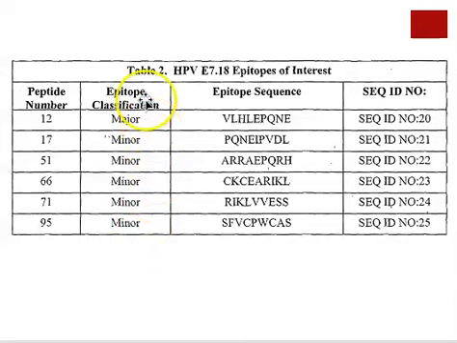You can see that epitopes get classified as being either major or minor. There's only one major epitope on this particular antigen for the human papillomavirus. What you're looking at here is referred to as the epitope sequence.